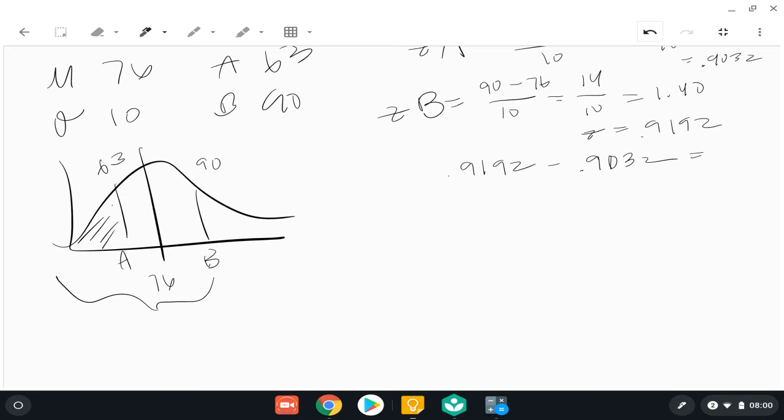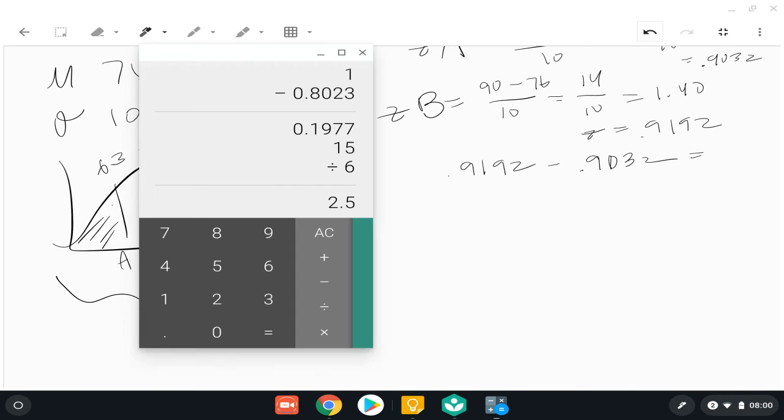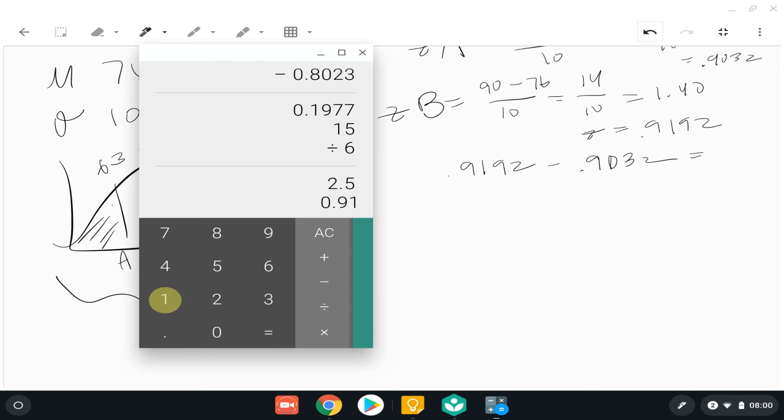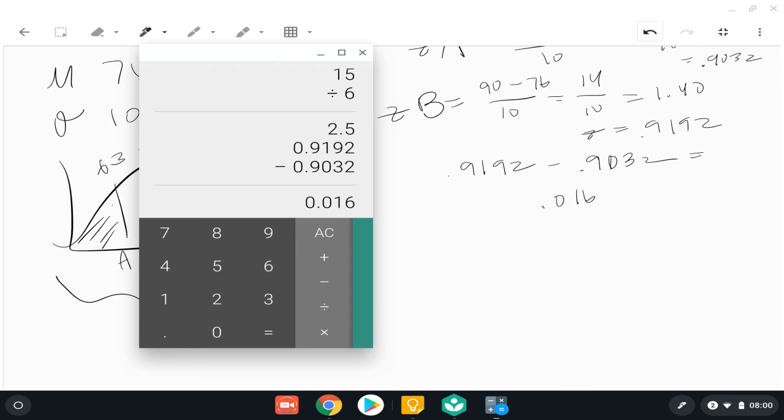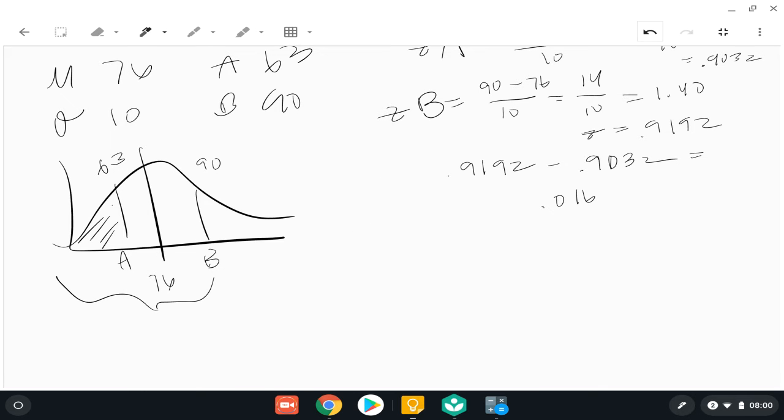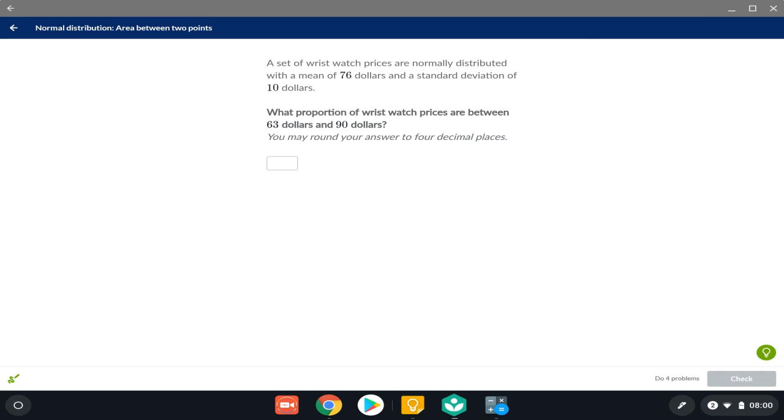So B minus A equals the area between. 0.016. Oh.